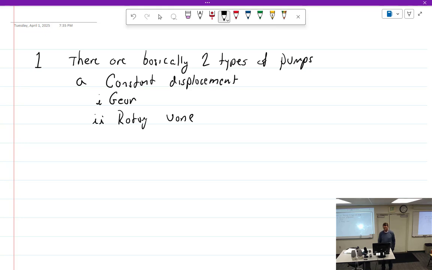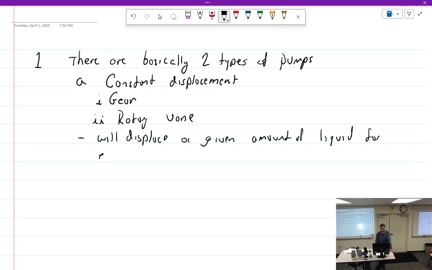They will displace a given amount of liquid for each revolution. If you spin it faster, it will pump more. If you spin it slower, it will pump less.